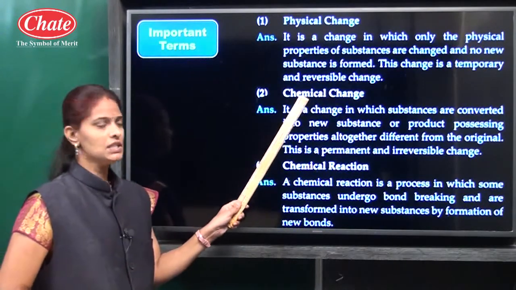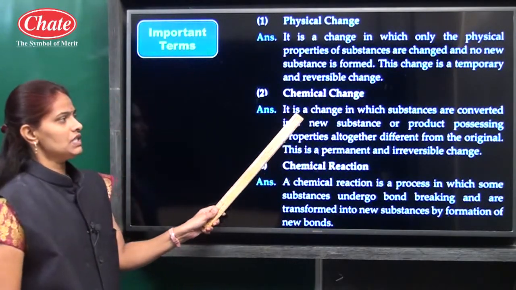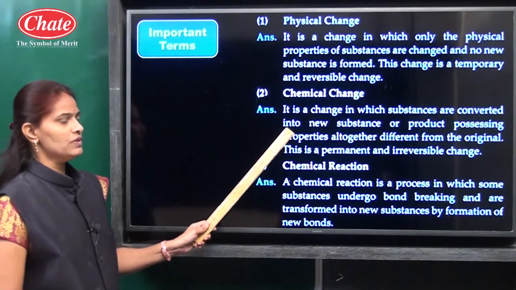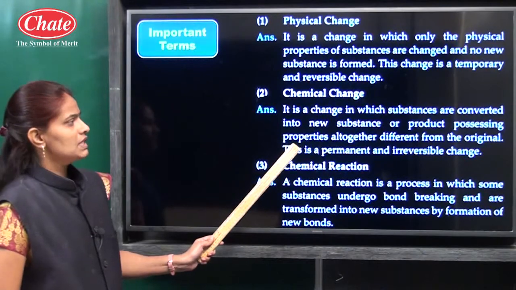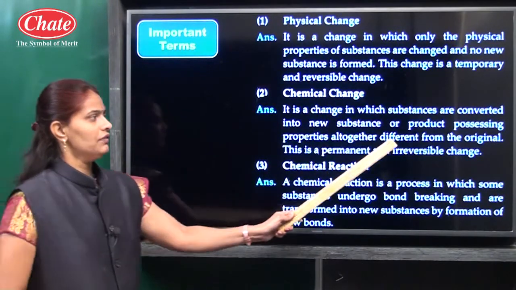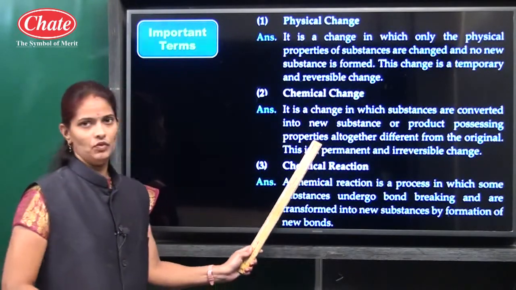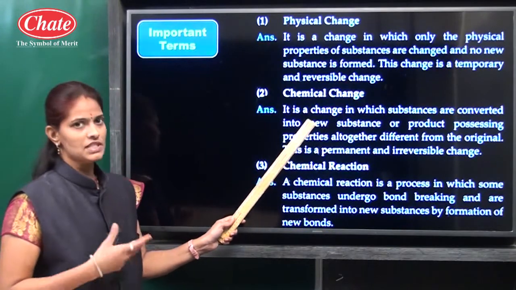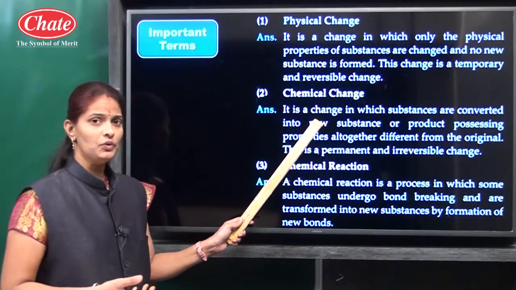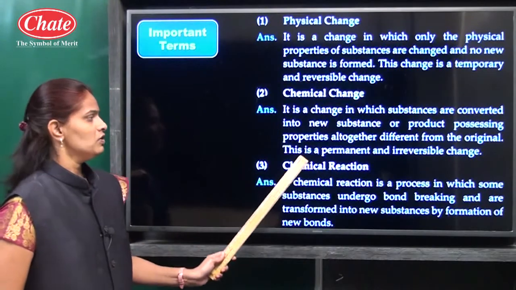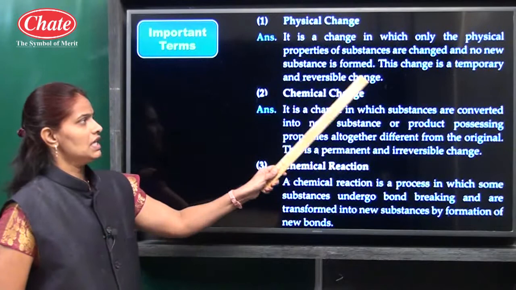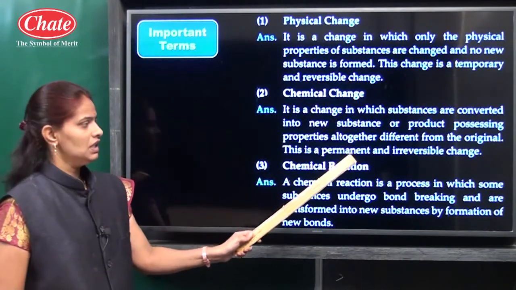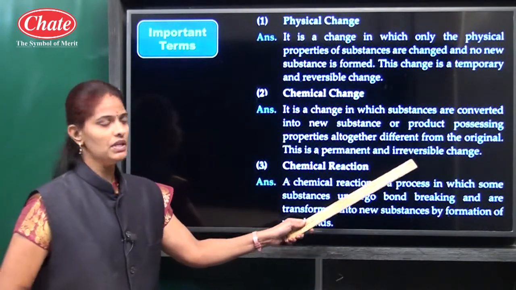Chemical change is a change in which substances are converted into a new substance or product possessing properties altogether different from the original. It means new substances are formed with new properties. So this is a permanent and irreversible change, whereas physical change is temporary and reversible.